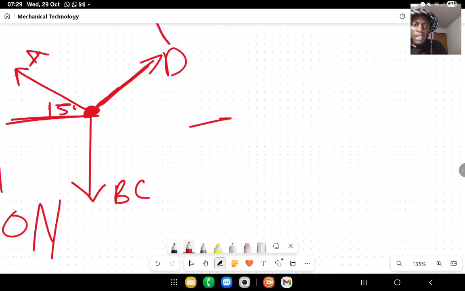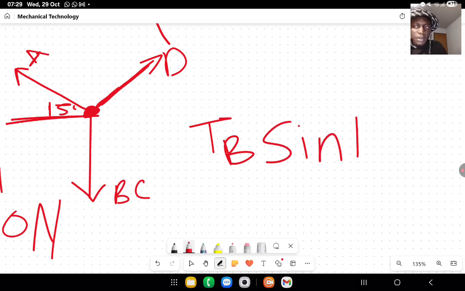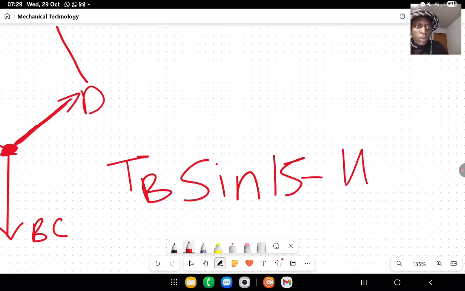Then we are going to say TB sine 15 minus WB. Okay, we are focusing on B is equals to 0.